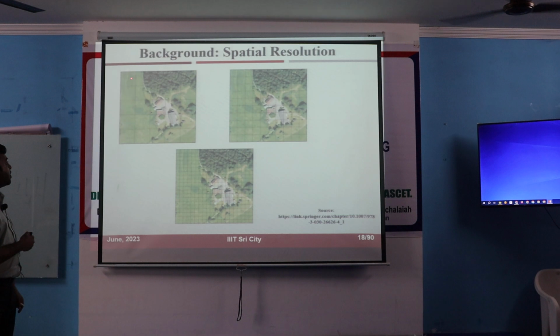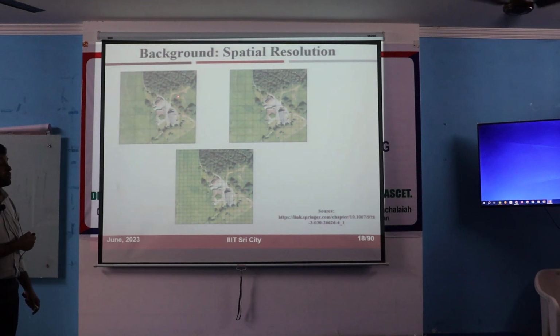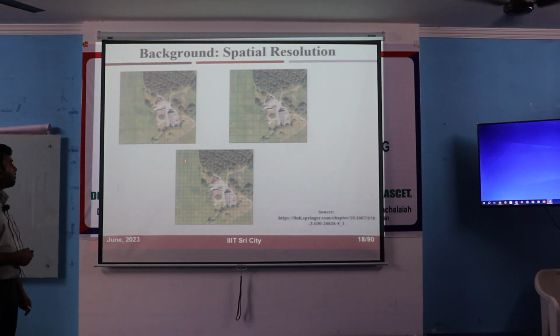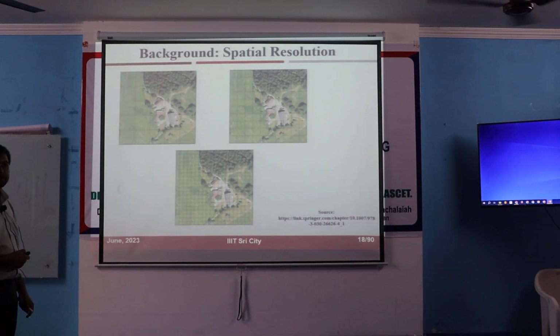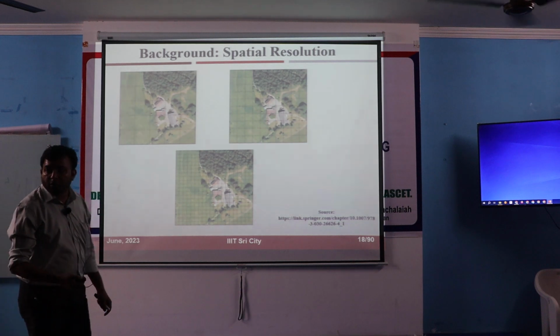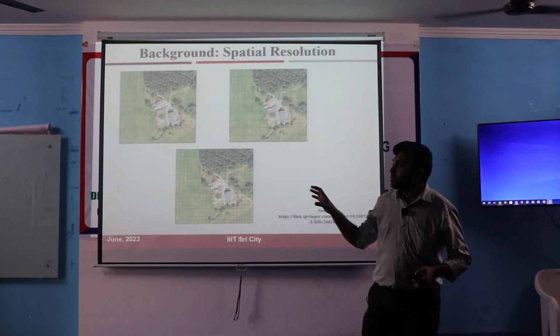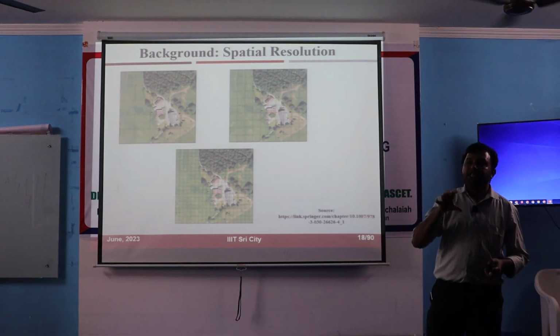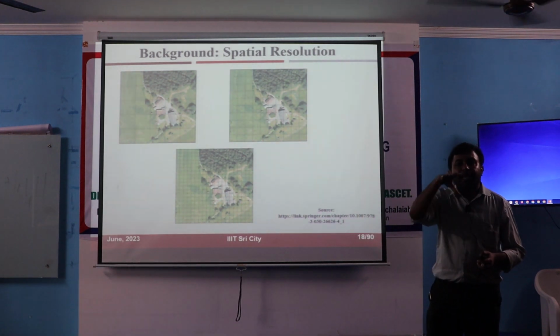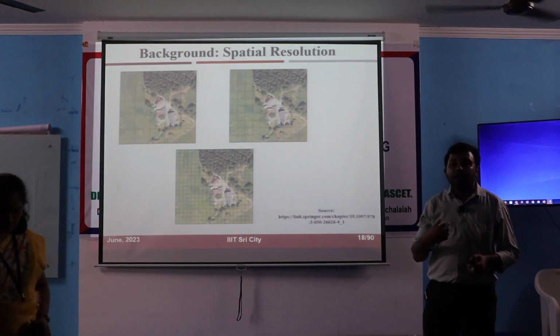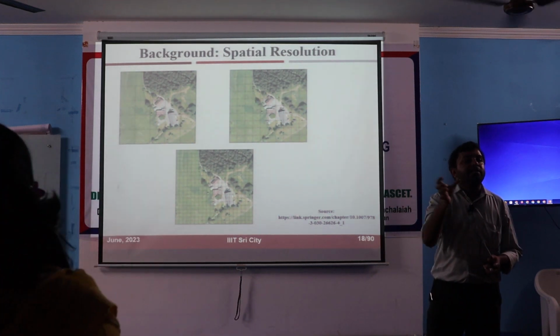And you have only this value, but using machine learning or other techniques, you have to find out the values for all these individual pixels. So this is an inverse problem that we want to solve. That's where one part of our research problem is that we need to take a high spectral resolution image and improve its spatial resolution.